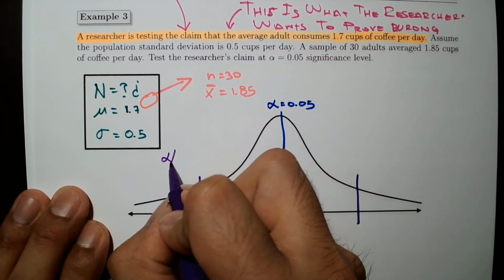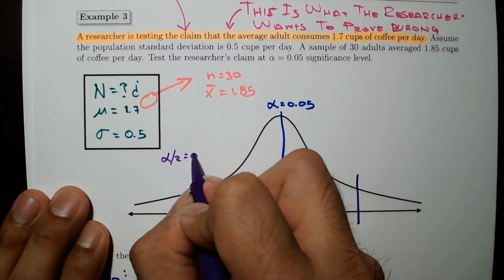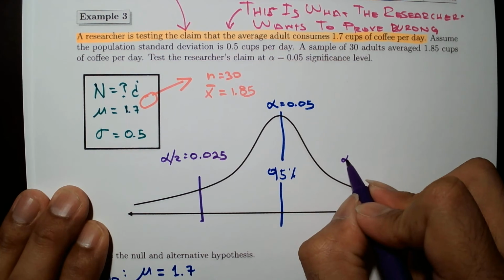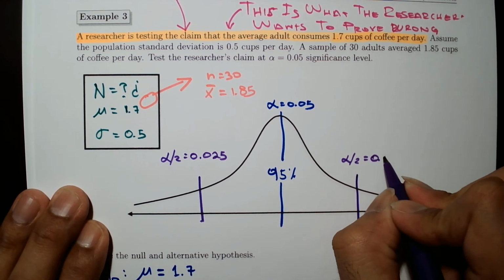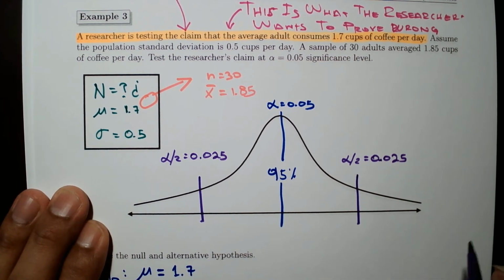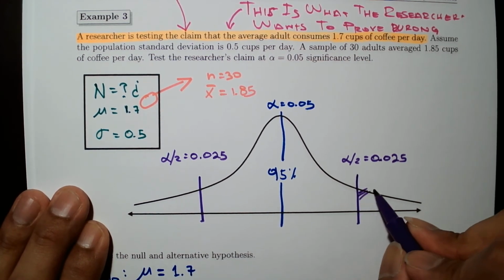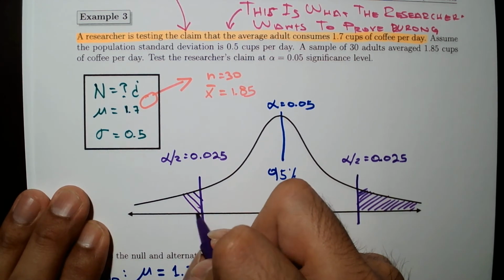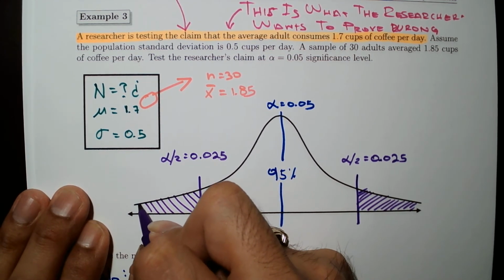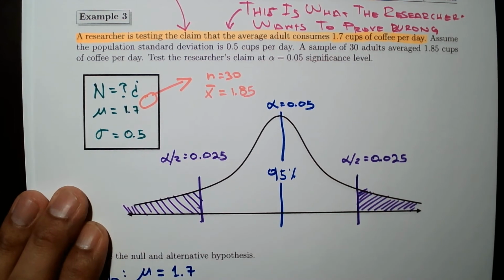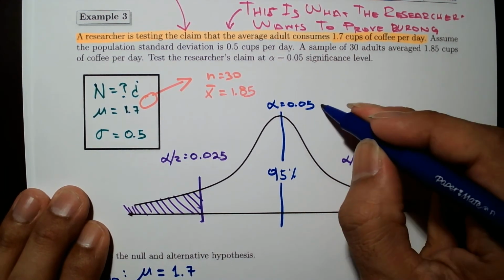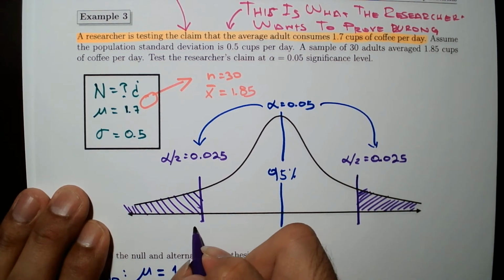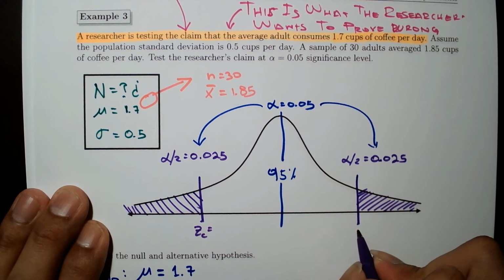Alpha over 2 equals half of this number, 0.025. That's the area that we shade. Split it evenly. We are going to have a cutoff value on either side.